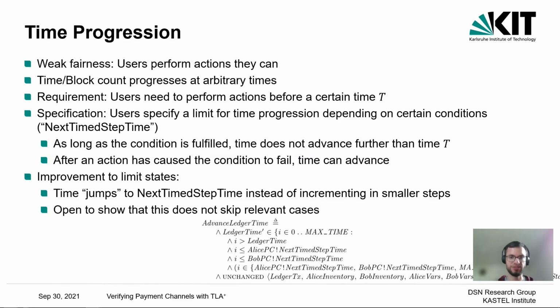To limit the number of states that the model checker needs to explore, we modeled time progression, so how time jumps from one time to another, in a way that time jumps only to those times at which a user needs to become active.